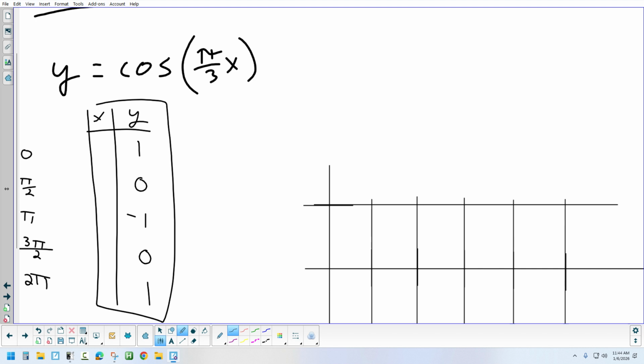How am I going to do that? Divide by pi over 3. Okay, you could divide everything by pi over 3. Or multiply by what? 3 over pi. Multiply everything by 3 over pi.